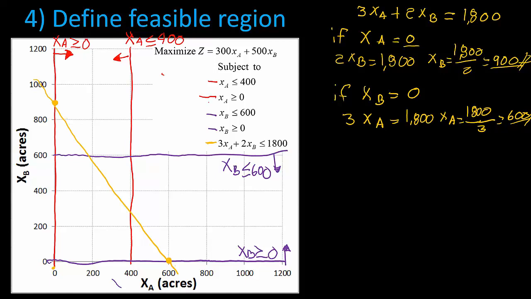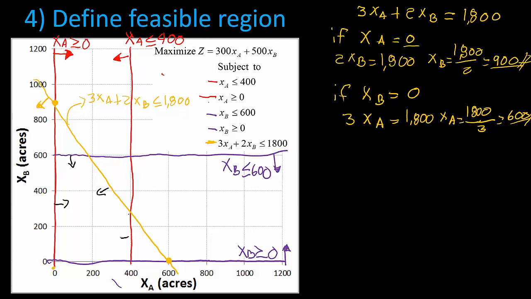And this line is related to the 3xa plus 2xb less or equal than 1800 constraint. So what is the feasible region? In this case, this line has to move in this direction.